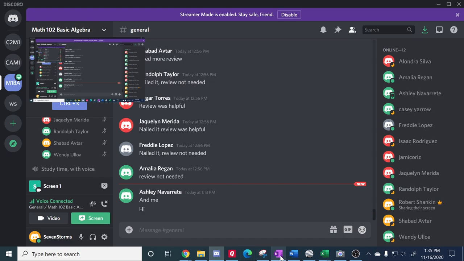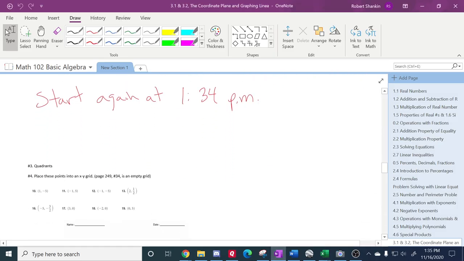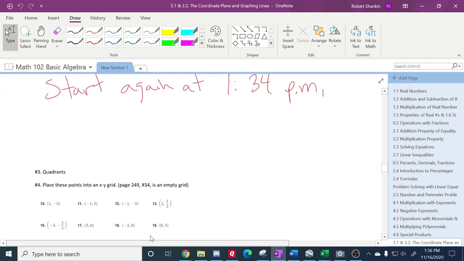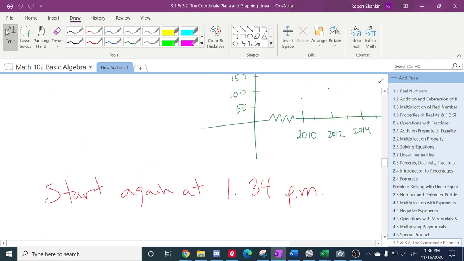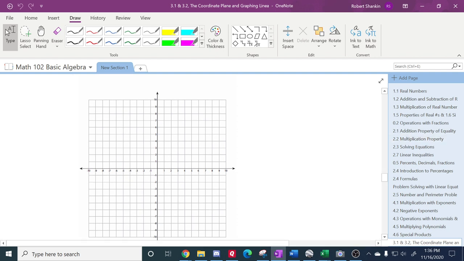Okay, let's start back up again. And, all right, quadrants. In any XY grid like this, we call the quadrants, this one is quadrant 1.